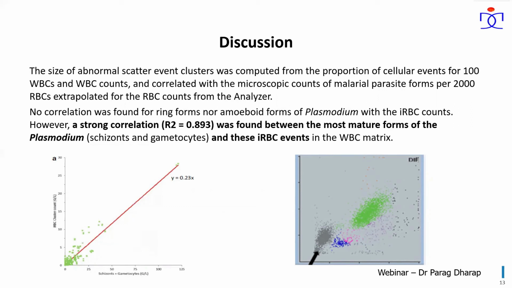On analysis, no correlation was found for ring forms or amoeboid forms of Plasmodium with infected RBC counts. However, as shown in the left-hand side diagram, a strong correlation was found between the most mature forms of the Plasmodium, both schizonts and gametocytes, and these infected RBC events in the WBC matrix, as shown in the right-hand side of this slide.